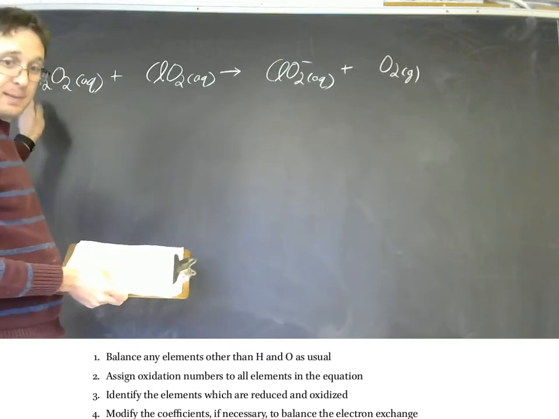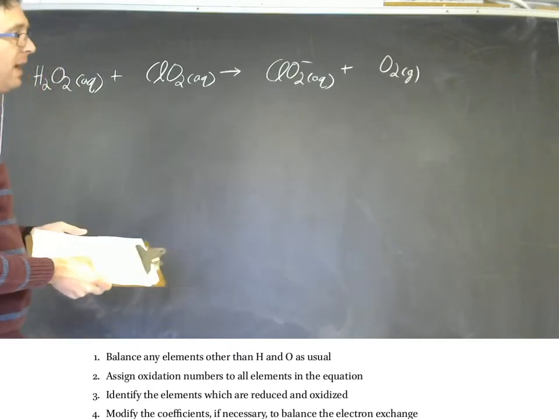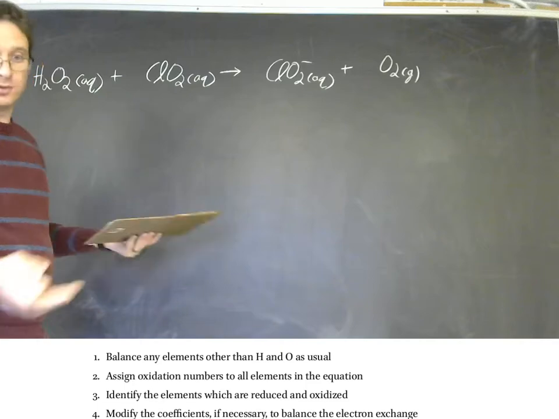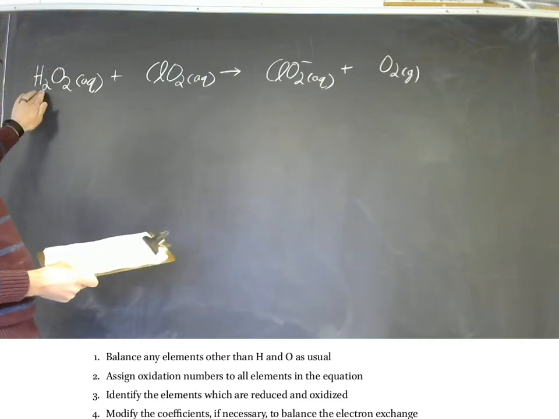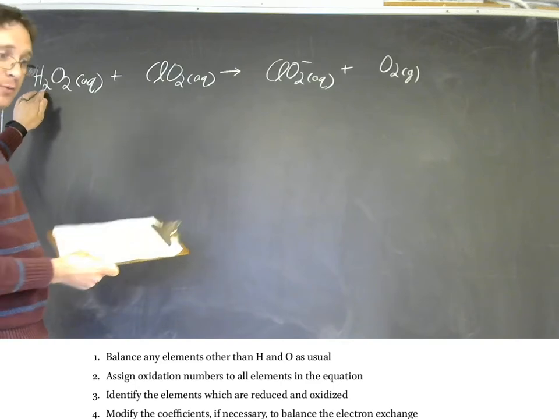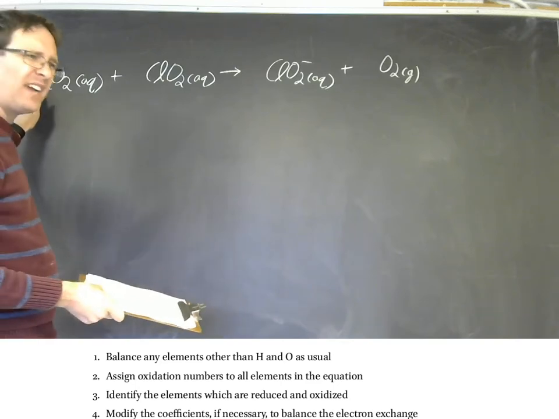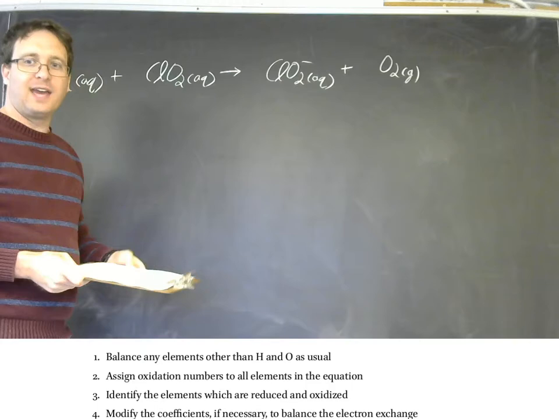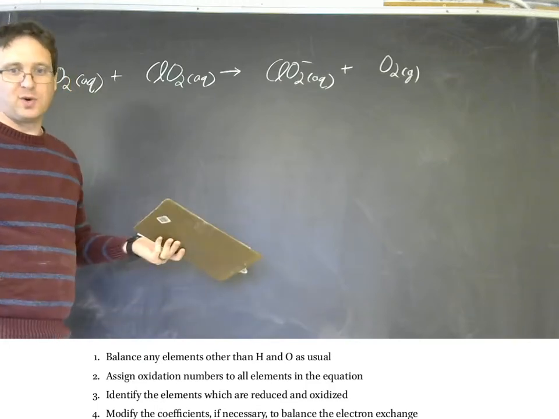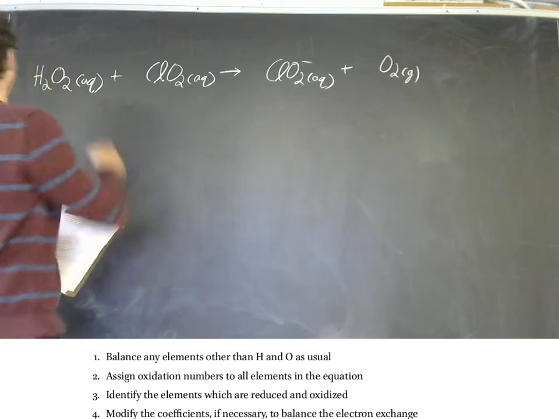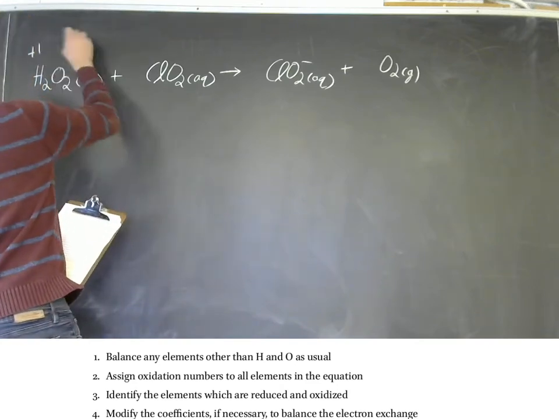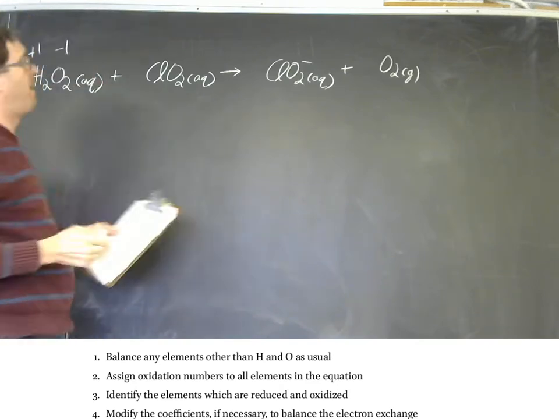This is a peroxide, and that means that the oxygens will take a -1. You could see a clue of that by the fact that it's bound to hydrogen, which takes a +1. Hydrogen cannot take any higher oxidation number than +1 because it only has 1 electron to lose. And so the hydrogens are +1 and the oxygens must be -1.